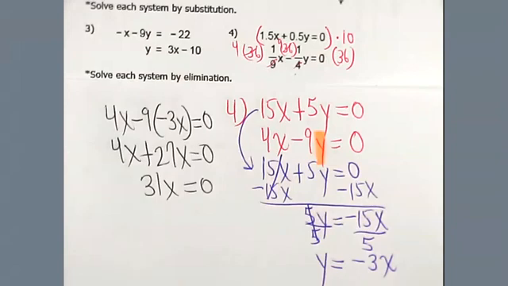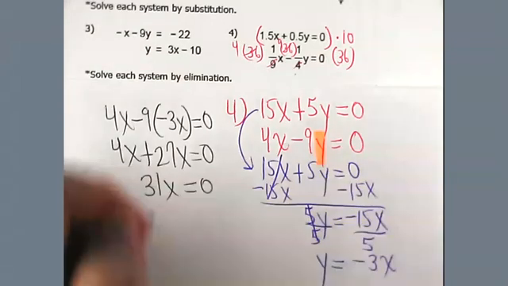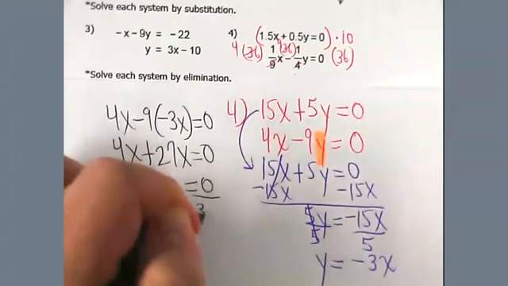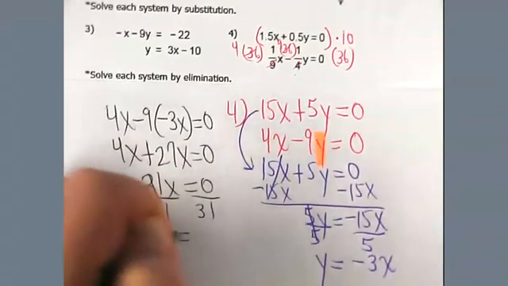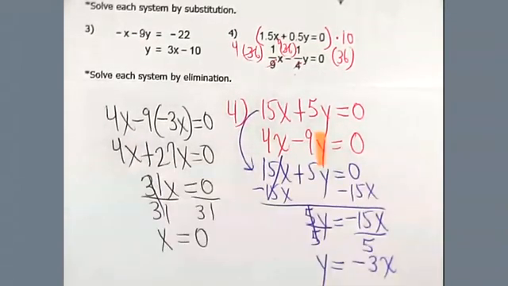So the bottom line is, when you divide both sides by 31, x is equal to 0. Before we find the y value, did any satellite campus or here in Warner Robins have any questions?